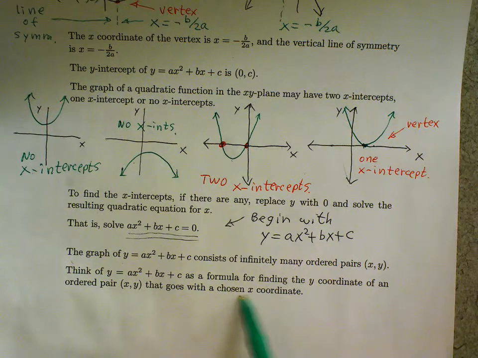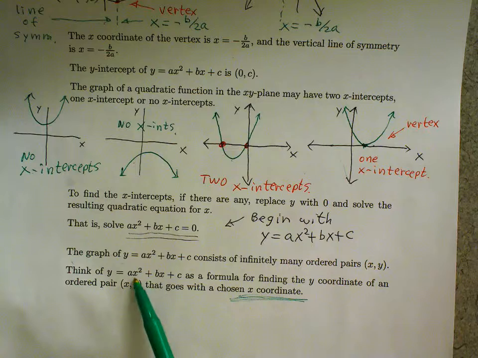So we can pick any real number for the x-coordinate. And then after we pick the x-coordinate, we replace x with that number to find the corresponding y-coordinate. And then we can plot that ordered pair in the xy plane.